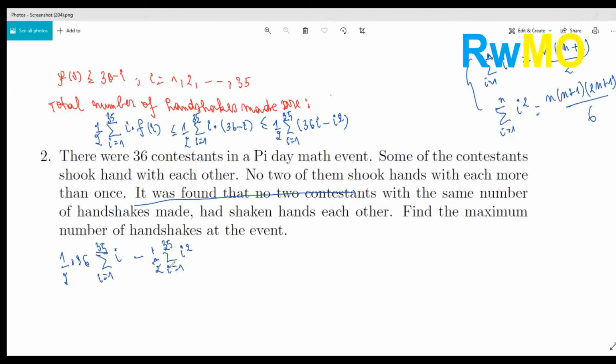You can just replace these values, and in this case, n is just 35. You get the value of this sum to be 3885. So this is the maximum number of handshakes at the event.